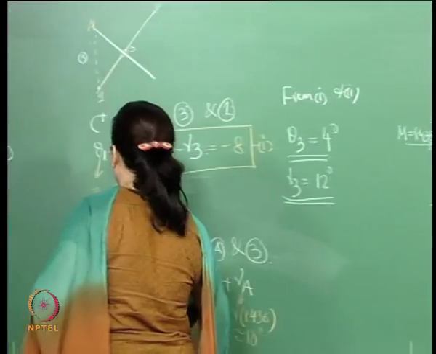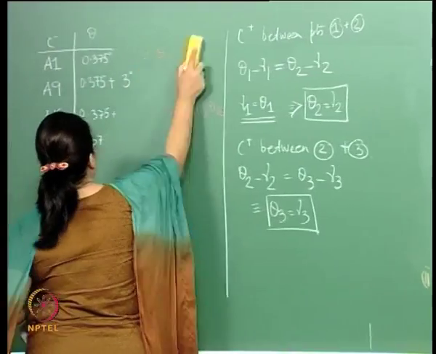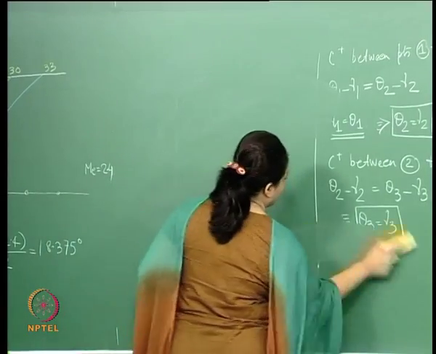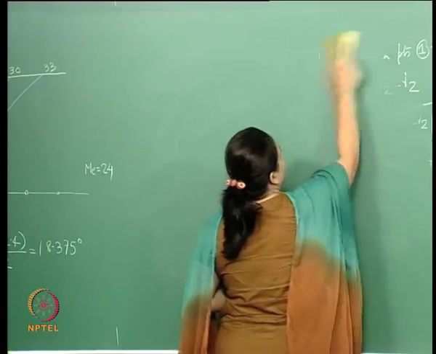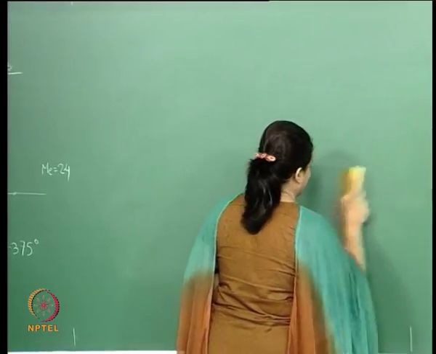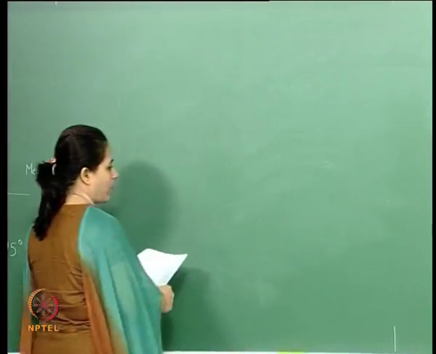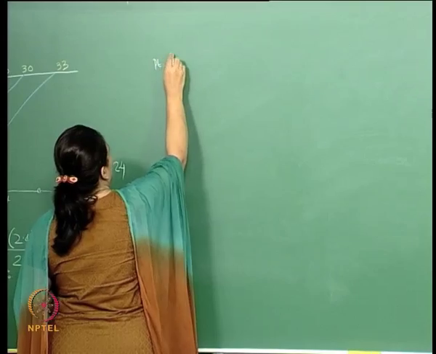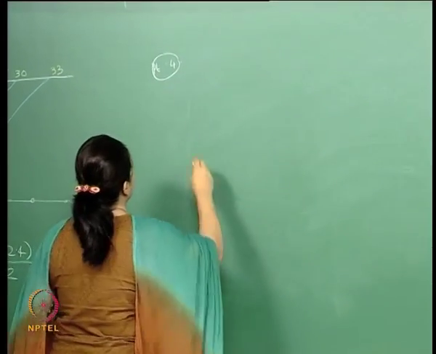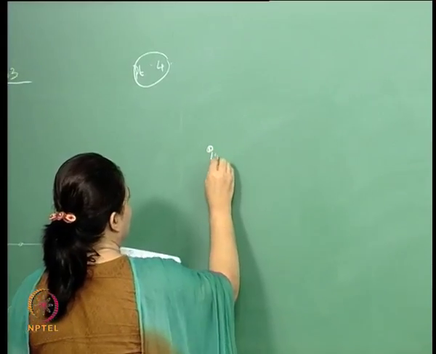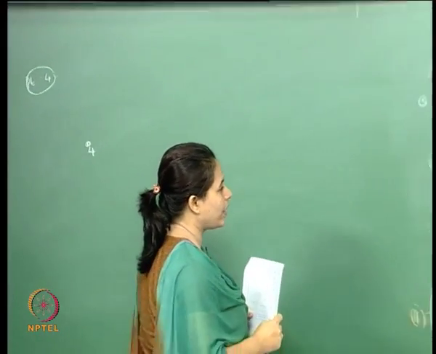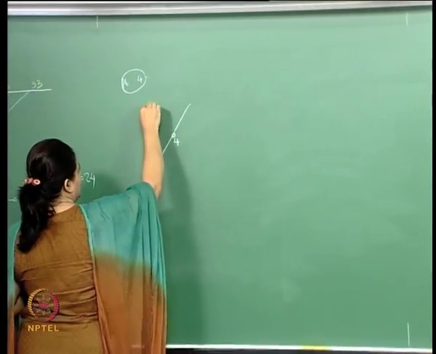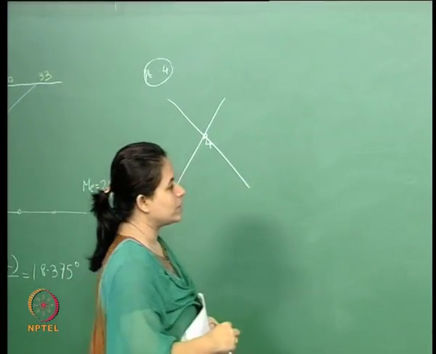So let us do that, say for point 4. So what do we have here? We have a set of characteristics passing through that.